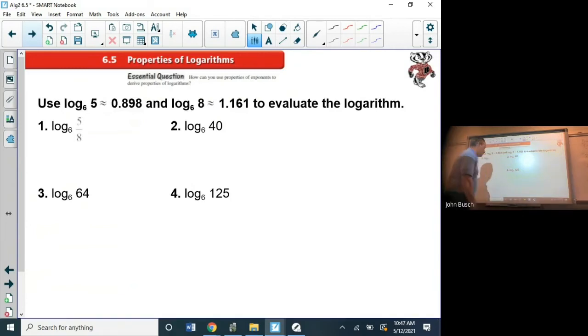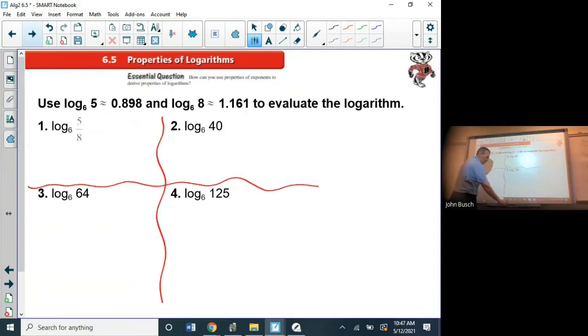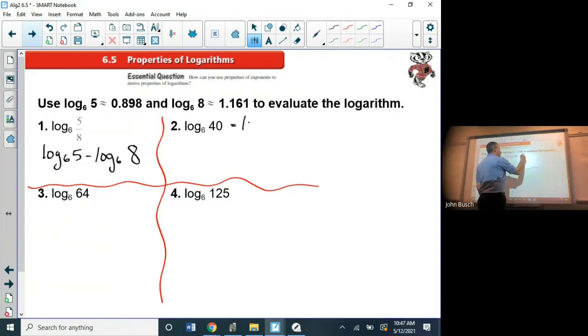Okay, so I'm going to go through these. Log base 6 of 5 over 8, you can write as the difference of 2 logs. And then you can use those decimals if you need to, right? The second one, 40, remember, is 5 times 8.